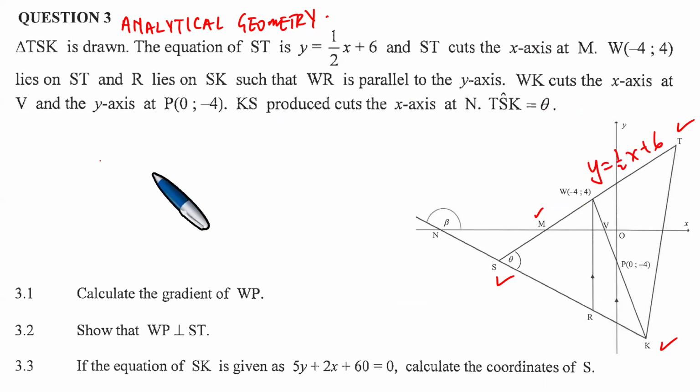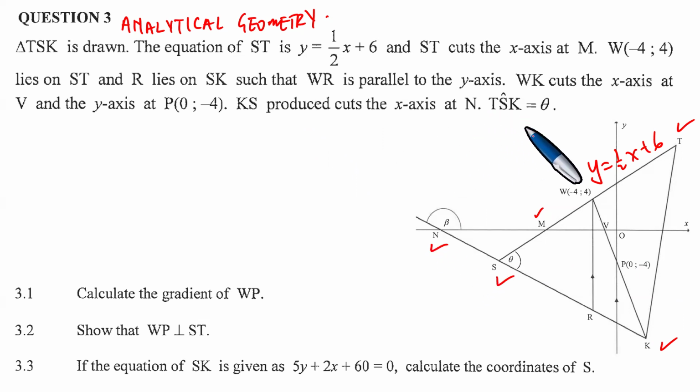WK, this one, cuts the x-axis at V, and the y-axis at P. KS produced, there's K and here is S, so KS produced cuts the x-axis at N. You can see N here.